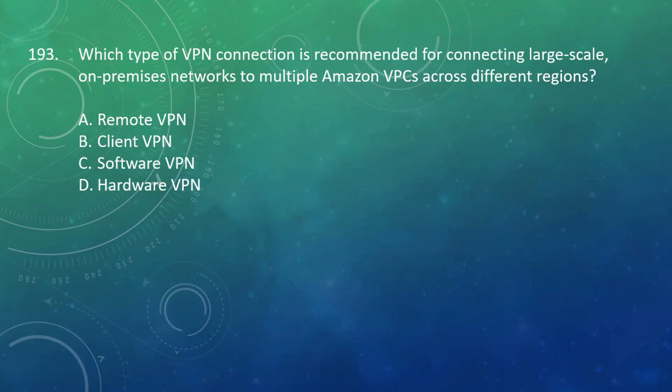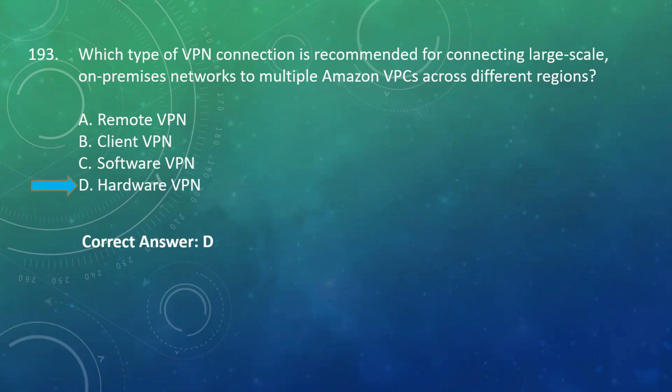The type of VPN connection that is recommended for connecting large-scale on-premise networks to multiple Amazon VPCs across different regions is hardware VPN. A hardware VPN connection uses physical devices such as VPN appliances to establish a secure and dedicated connection between your on-premise network and Amazon VPCs.